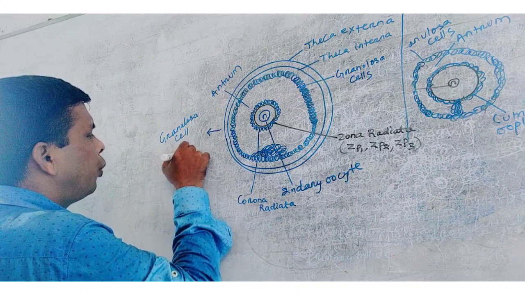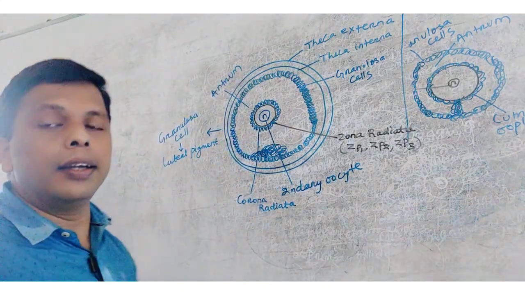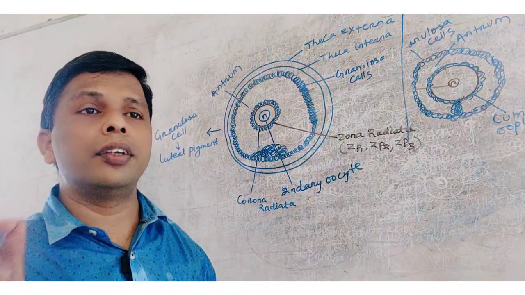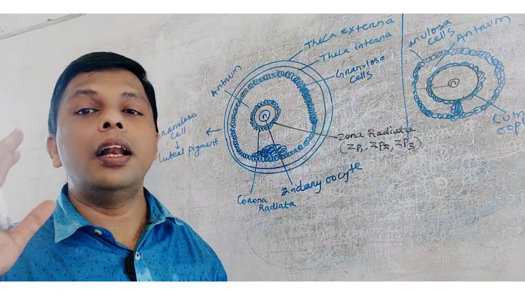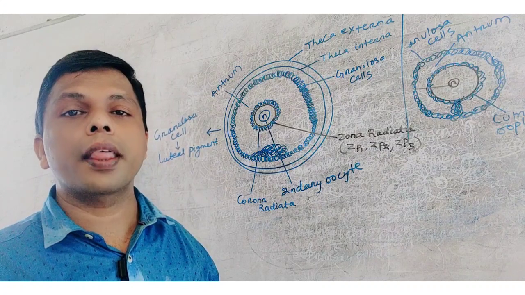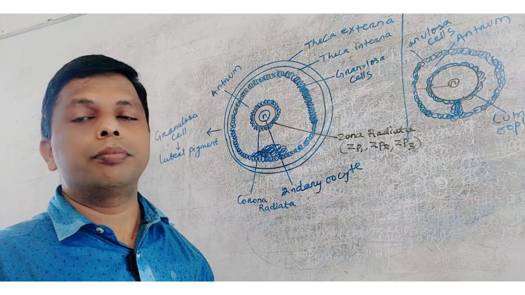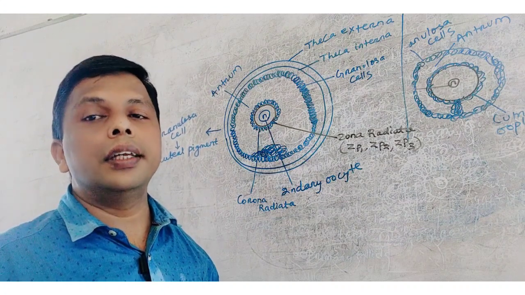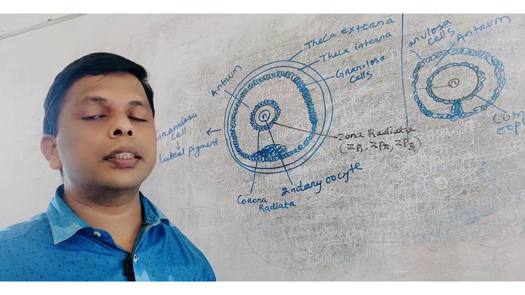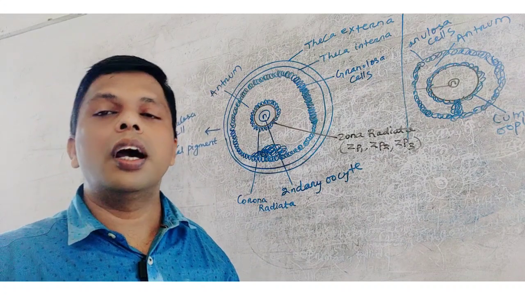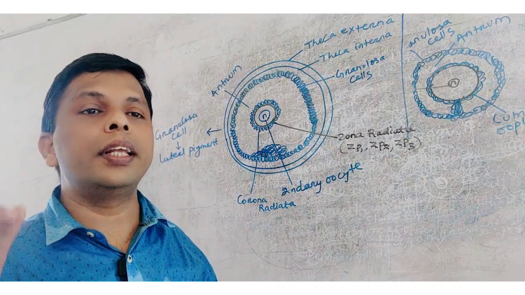The granulosa cells produce luteal pigment, and the theca interna became the theca luteum. So this Graafian follicle changes into the corpus luteum. The corpus luteum now produces progesterone and some amount of estrogen along with relaxin.